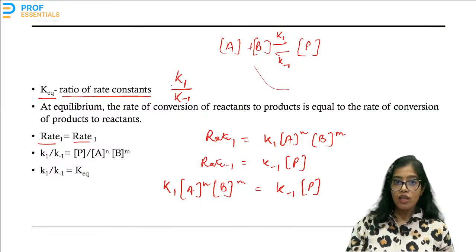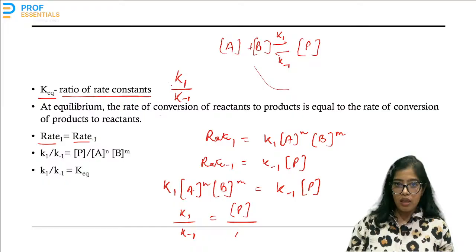Okay. Now, K equilibrium is what? K1 upon K minus 1. So you cross multiply it like this. What will happen is P upon A to the power N B to the power M. So this is what is K equilibrium.